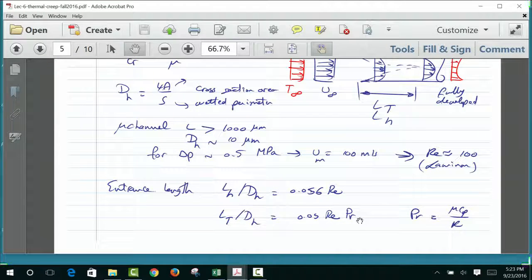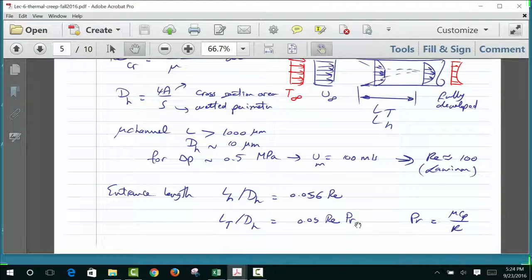So again and again, you always see the Prandtl number multiply a fluid mechanics formula to give a formula for the temperature or energy problem. So the Prandtl number is always doing that conversion in empirical formulas. All right? Make sense?